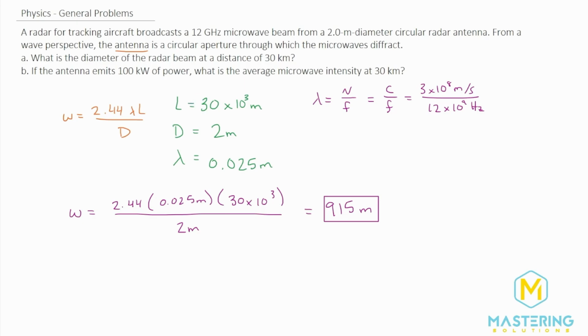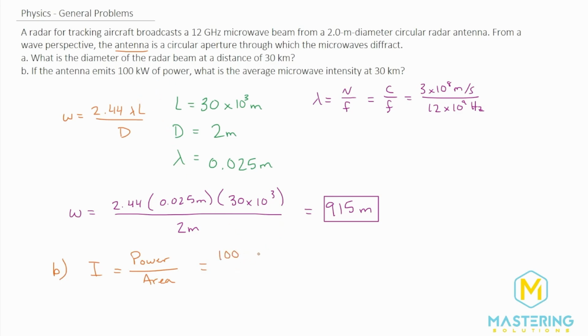Now for part B, we have to figure out the intensity at that distance. This is kind of tricky because I know this was in a previous chapter, but remember the formula for intensity is I equals power over the area. In this case, the power is, they tell us, 100 kilowatts.